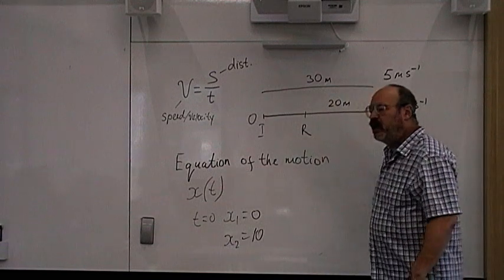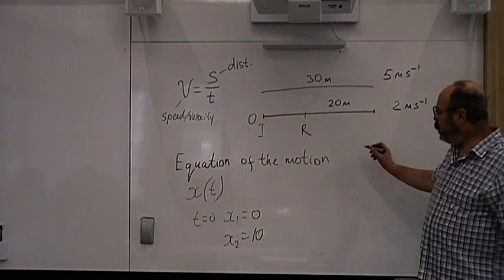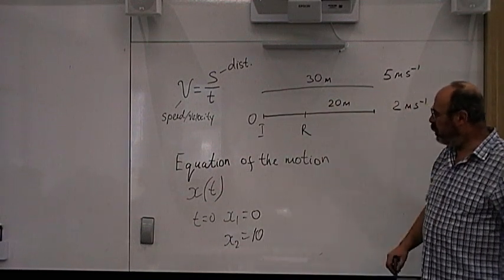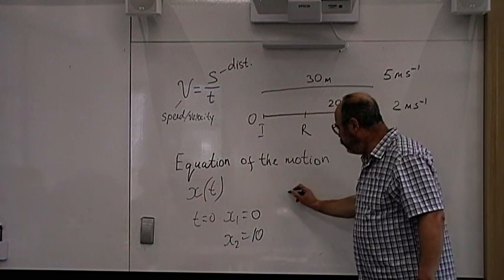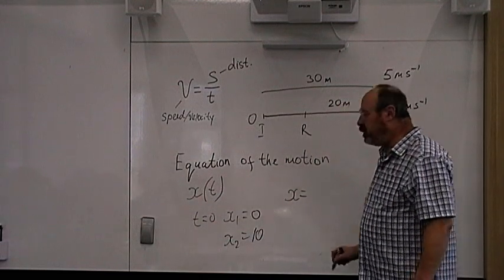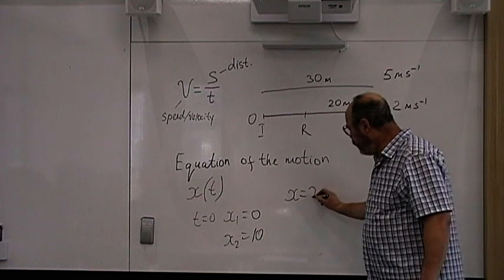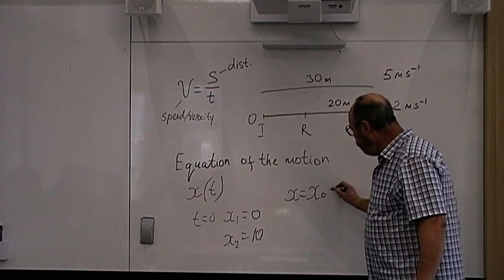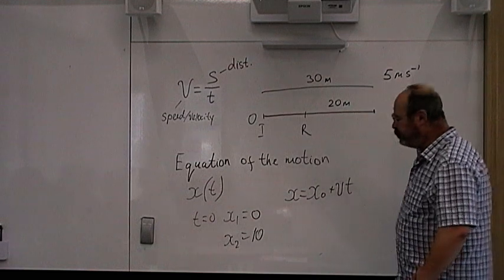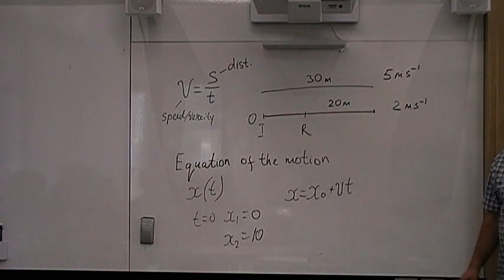Now, the equation of motion for the first student: x will be equal to the initial position plus vt.